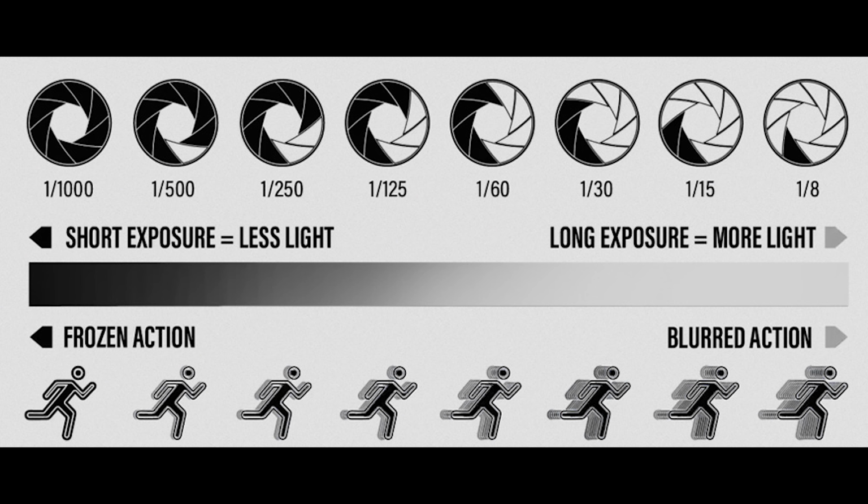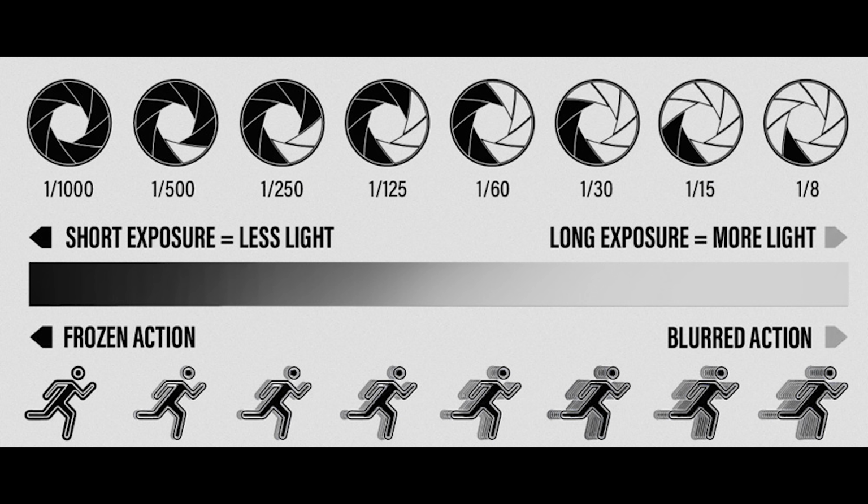Now, how does the shutter speed operate? Fast shutter speed, which is 1 out of 1000 and above, can freeze fast-moving subjects and capture sharp images in bright light.